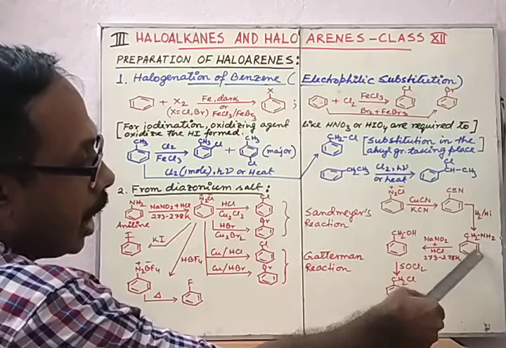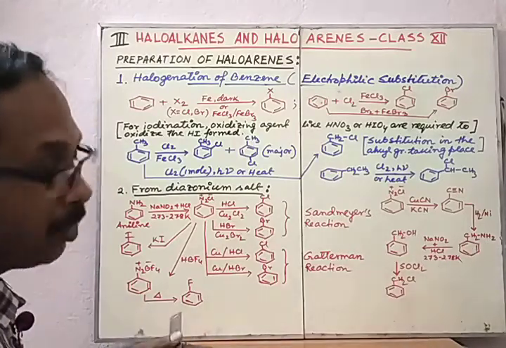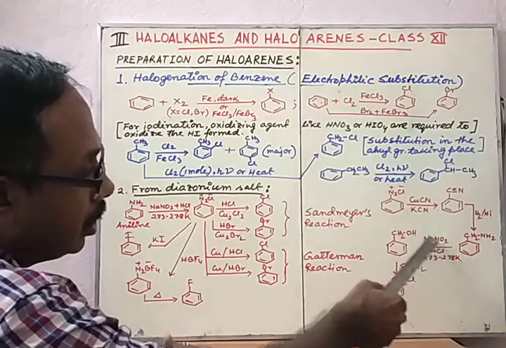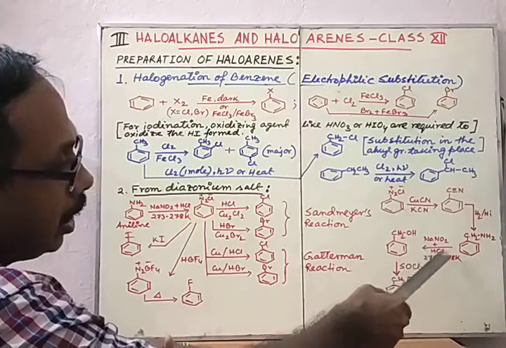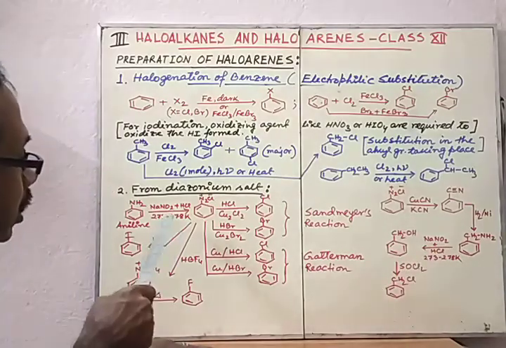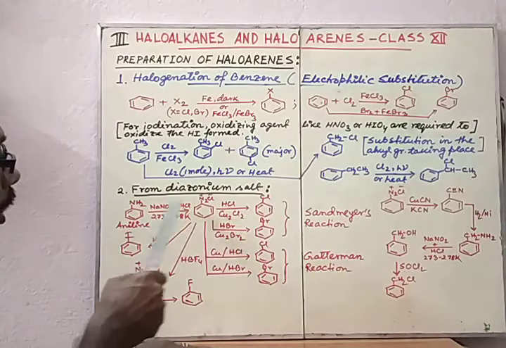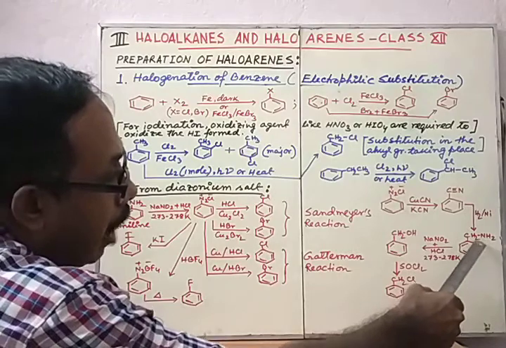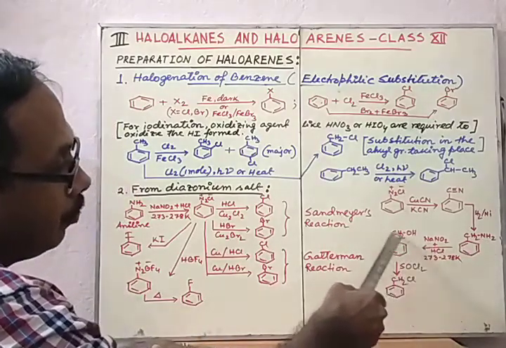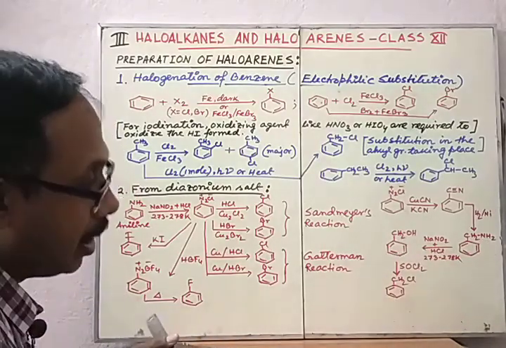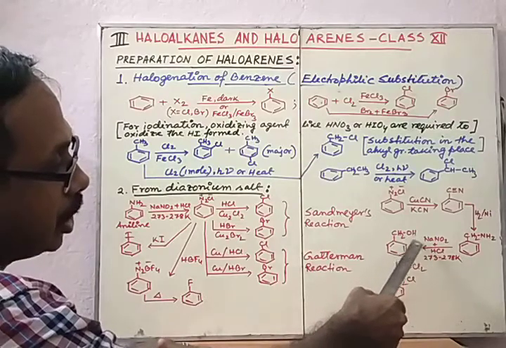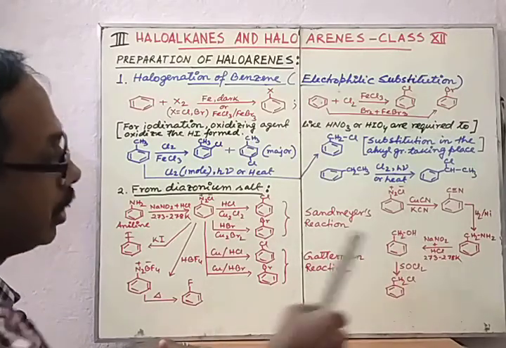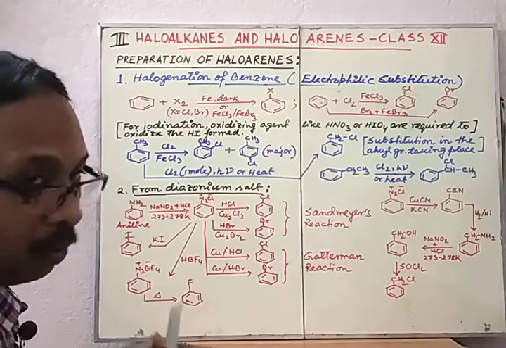This is phenyl substituted aliphatic amine, and when it is treated with the same reagent NaNO2 HCl, that is nitrous acid, like here the aromatic amine gives stable diazonium salt, but the aliphatic primary amine does not give the stable diazonium salt. Initially the diazonium salt that is formed changes to alcohol.